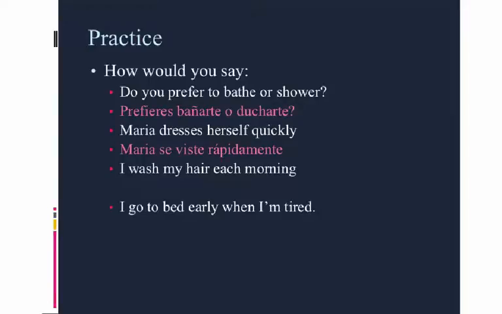You could also put muy rápido or whatever, but Maria se viste is the verb going on there. I wash my hair each morning. Think about that one. Okay, so that one is going to be me lavo el pelo cada mañana.